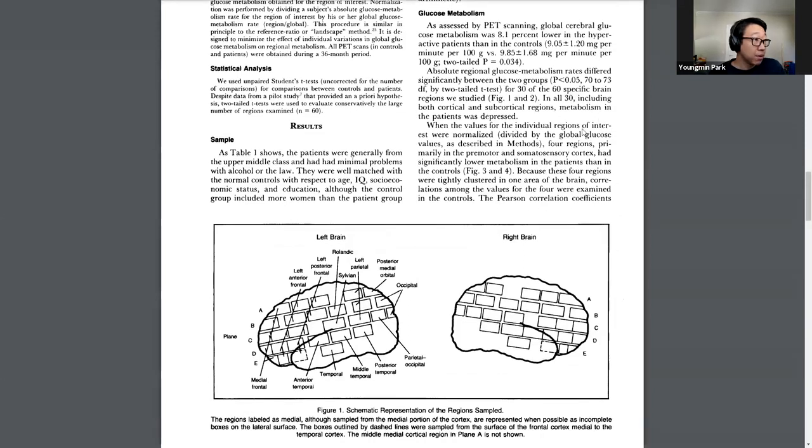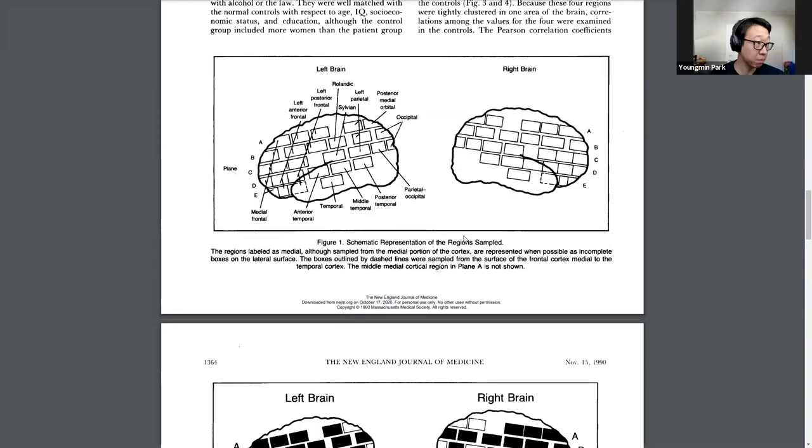When the values for the individual regions of interest were normalized, were divided by the global glucose values as described in the methods, 4 regions, primarily in the premotor and some metasensory cortex, had significantly lower metabolism in the patients than the controls. This is very important, and this is actually the smoking gun. So they took a particular patient.